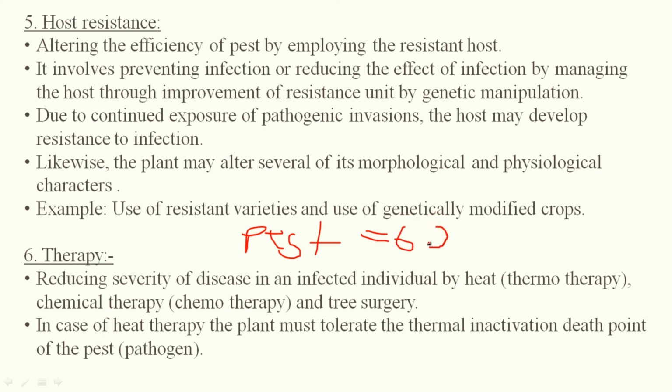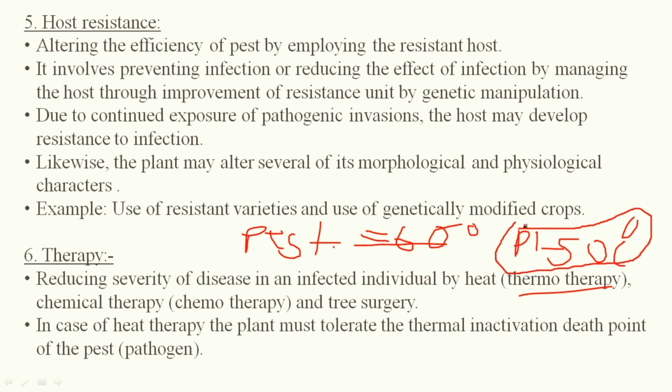Suppose 60 degree centigrade, and the plant is having suppose 50 degree centigrade. So suppose here you have undergone this thermotherapy, then what will happen? We have to raise to 60 degree centigrade to kill the pest, but within that what will happen? The plant will also be killed.